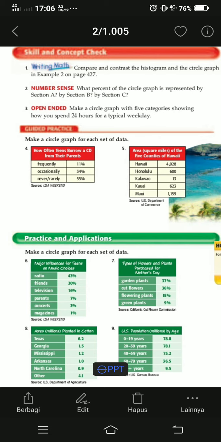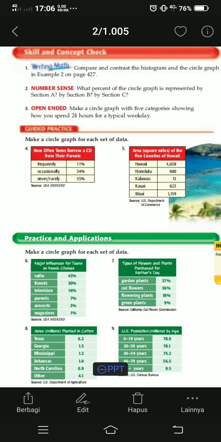Practice and Applications. Make a circle graph for each set of data. Number 6. This table is major influences for teens of mosquitoes. Number 7.